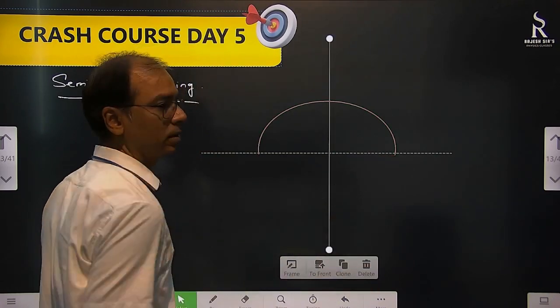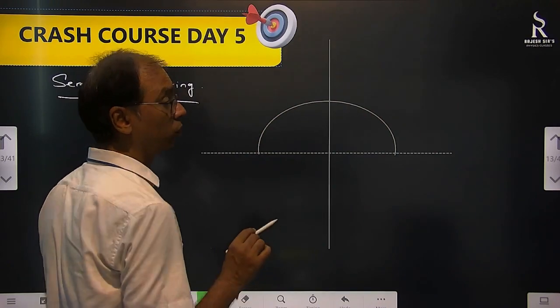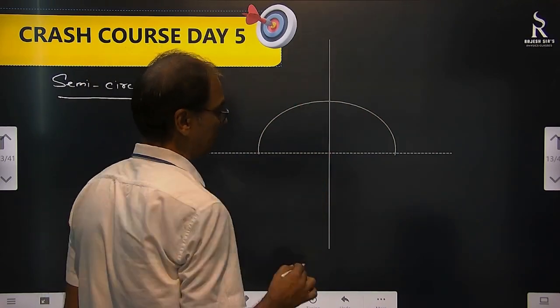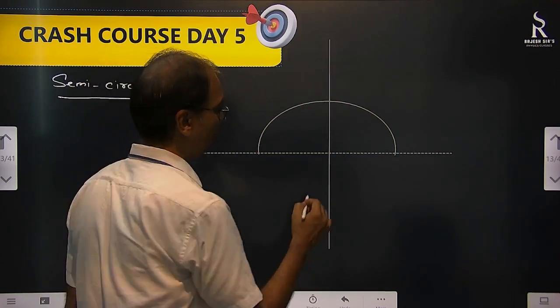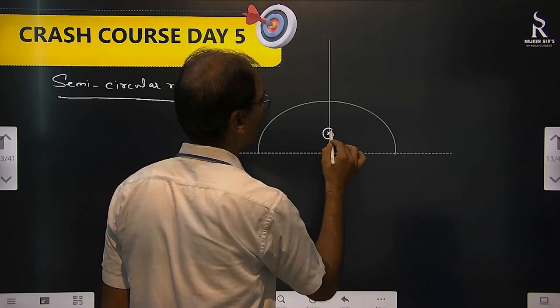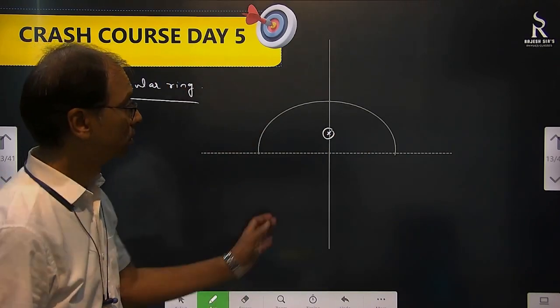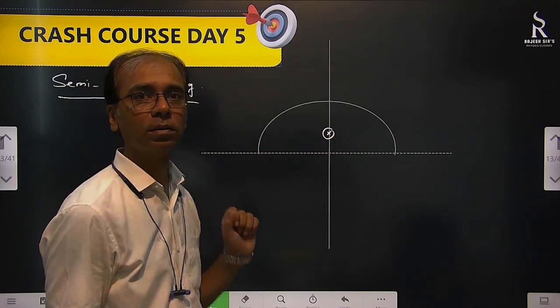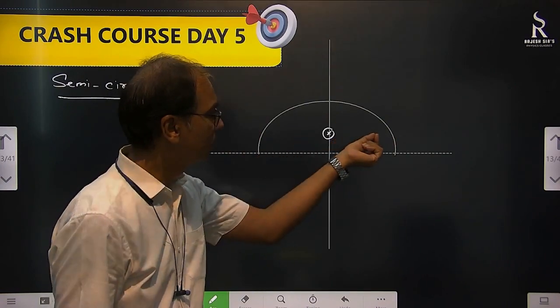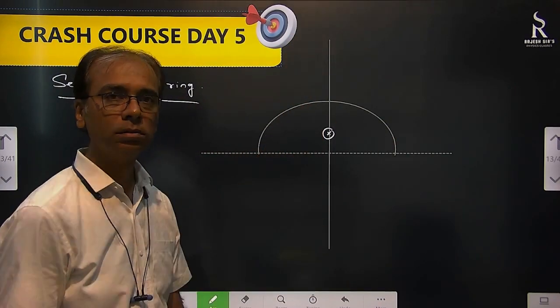Both sides are similar. So what will happen? Its center of mass will be on the y-axis. Here only its center of mass will be, somewhere here normally, but it will be on the y-axis only. Reason? Symmetry is there. Whatever mass is here, the same mass is here, so it will be exactly in the middle.